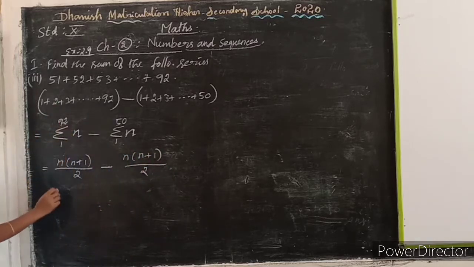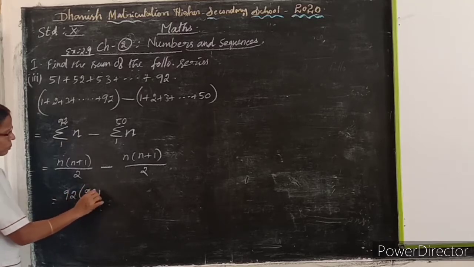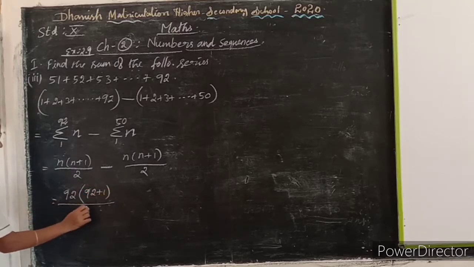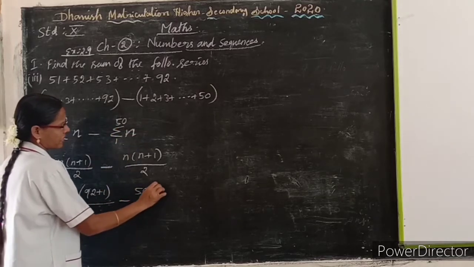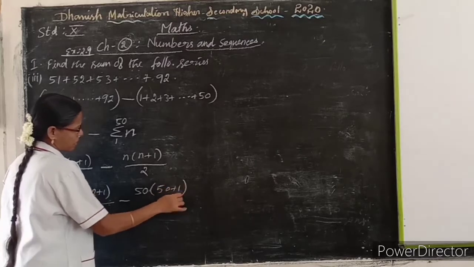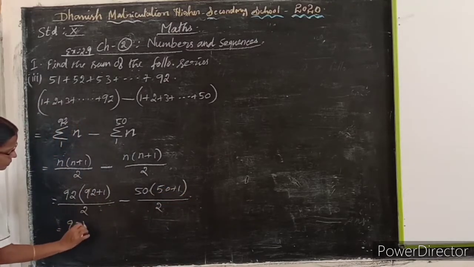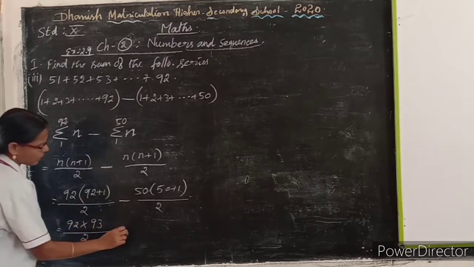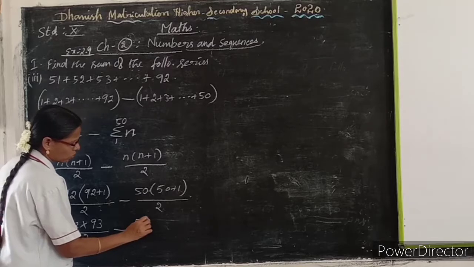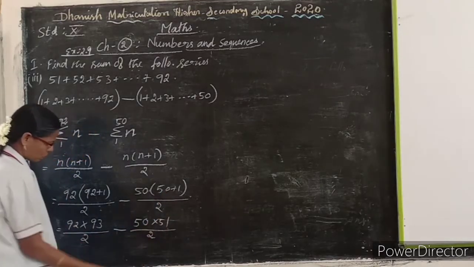Here n is 92: 92 into (92 plus 1) by 2, minus, here n is 50: 50 into (50 plus 1) by 2. That is 92 into 93 by 2 minus 50 into 51 by 2.